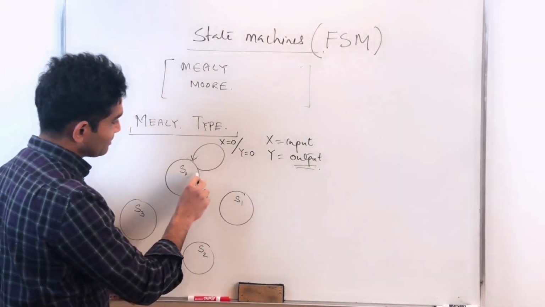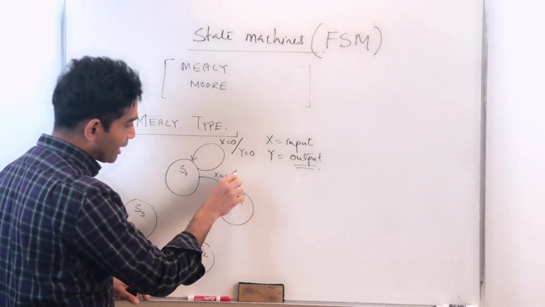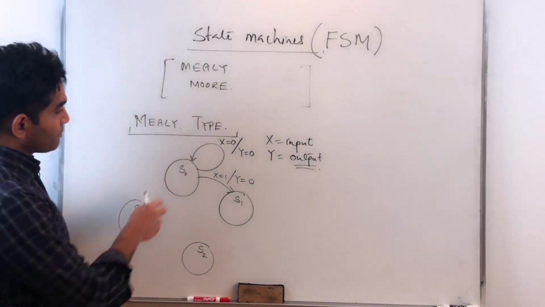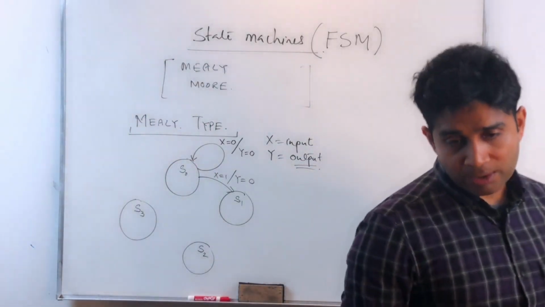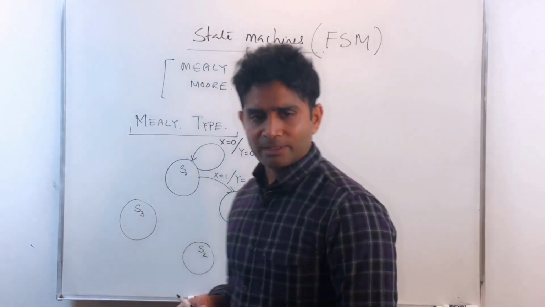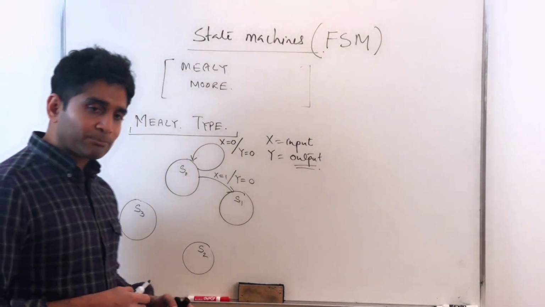Again, I can complete this diagram. So again, let's say x equal to 1 takes me to the S1 state, providing me an output of y equal to 0. All right. And now I'm done with the S0 state. Again, this is a basic recap of what we've already done before. The process of coming up with the state diagram is not different than what we have seen before, when we worked on some of the examples in the last class.